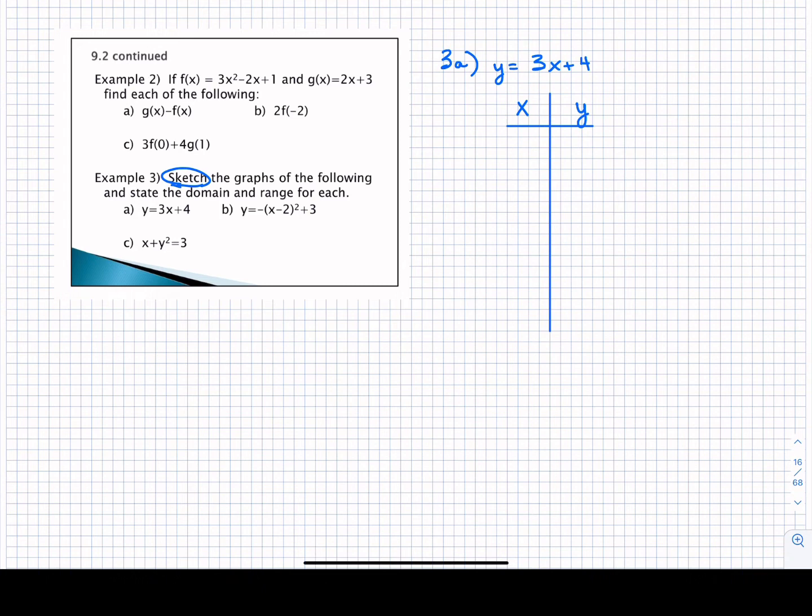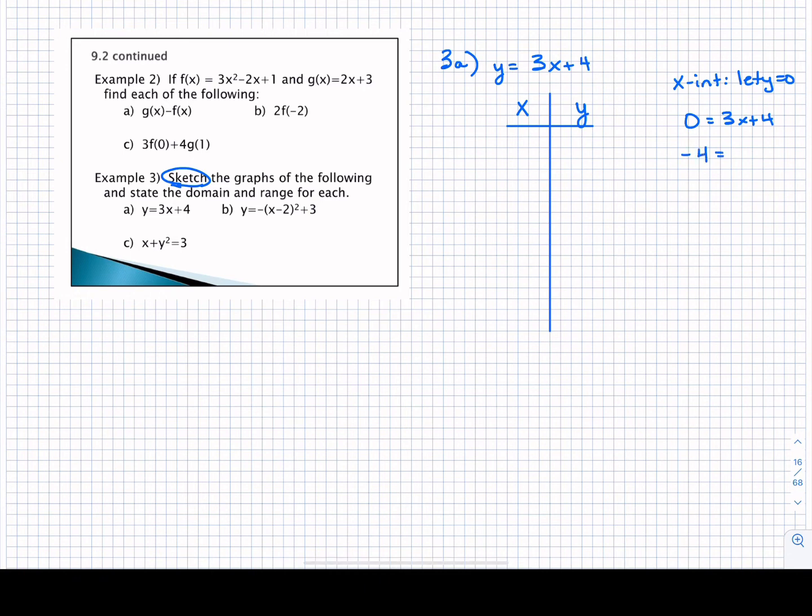So I always suggest you find things like intercepts. So we could find the x and the y intercepts, and I'm just going to do that scrap work over in the margin. So for an x-intercept, what we know about every x-intercept in the whole wide world is that we can let y equal 0. So if we take that equation and we say 0 is equal to 3x plus 4, then we can subtract 4 from both sides.